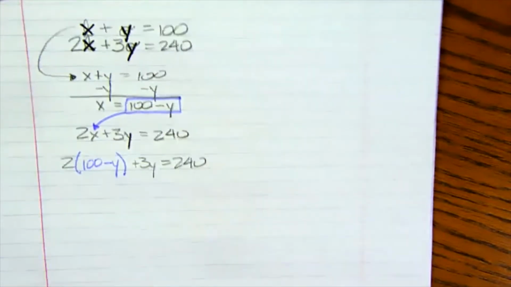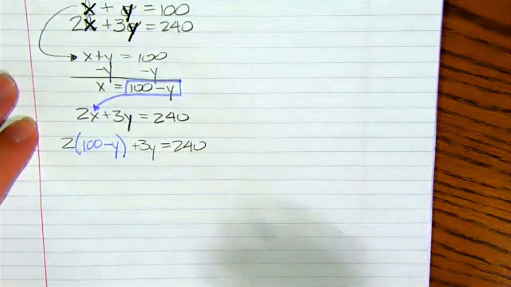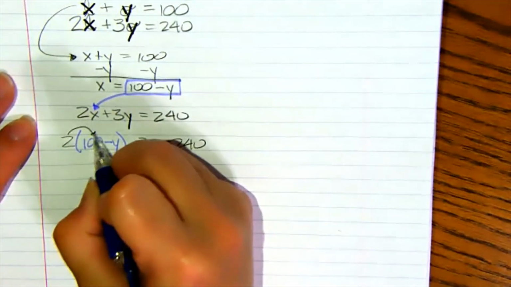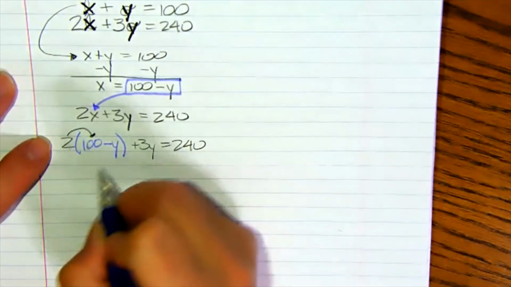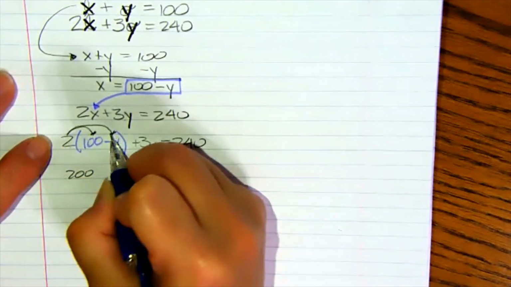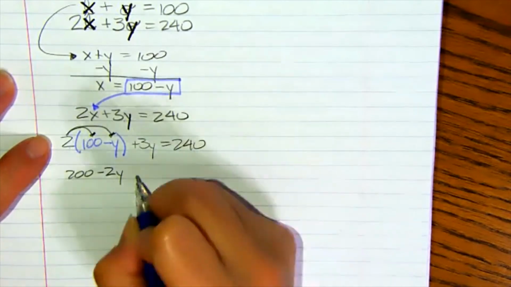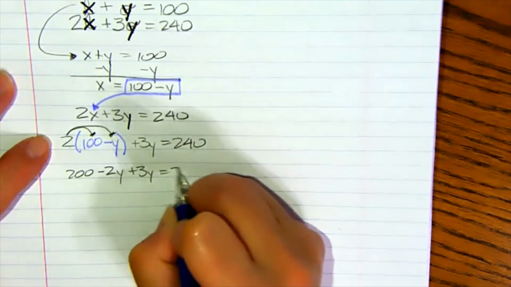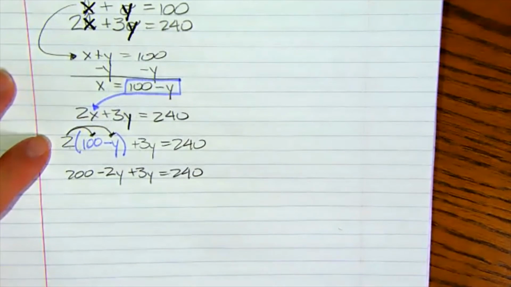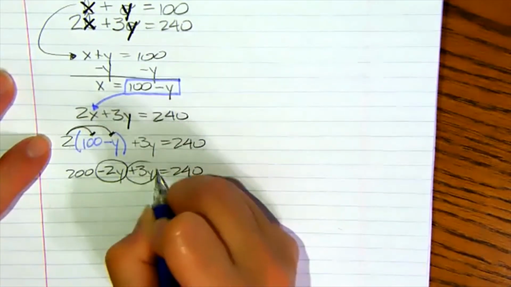And now I'm going to solve this equation just like I would a normal equation, okay? Distributive property: 2 times 100 is 200, 2 times negative y is negative 2y, plus 3y equals 240. Now I'm going to combine like terms.